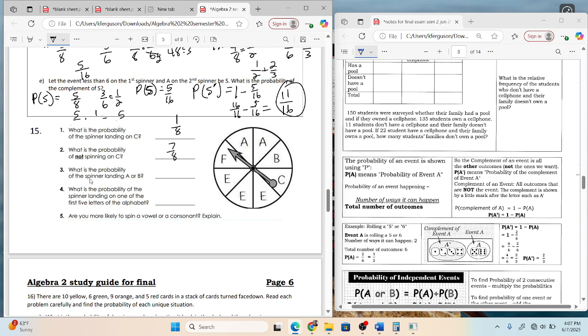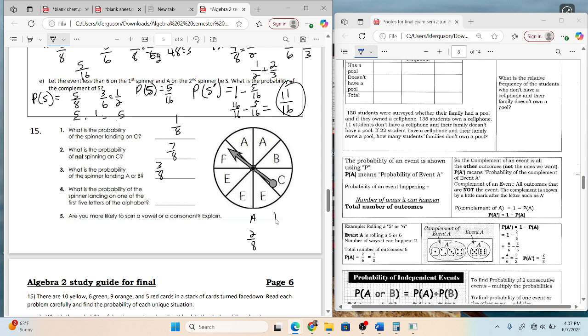What is the probability of the spinner landing on A or B? The thing is, I can count what's going on here instead of adding them, but I'm going to do both. So 1, 2, 3, A or B, there's 3 possibilities. That's just 3 over 8. Now, if I do it the way we did before, instead of counting, the probability of getting A is 2 over 8.